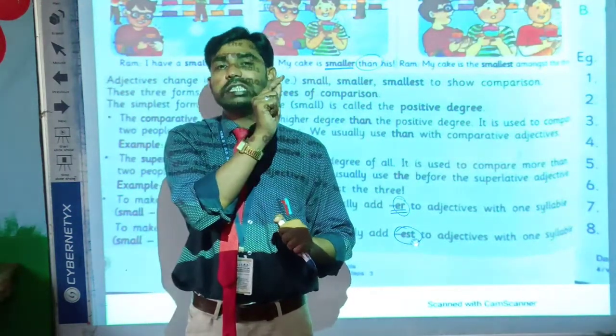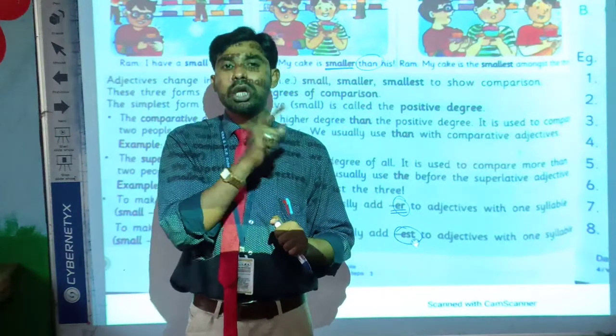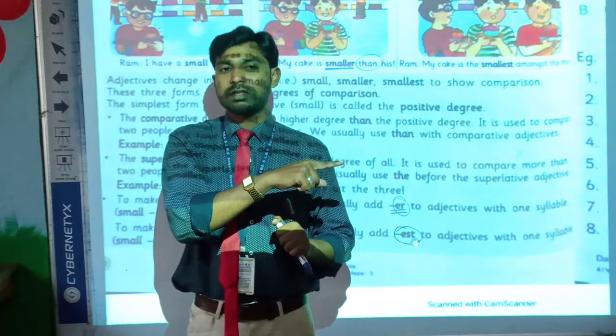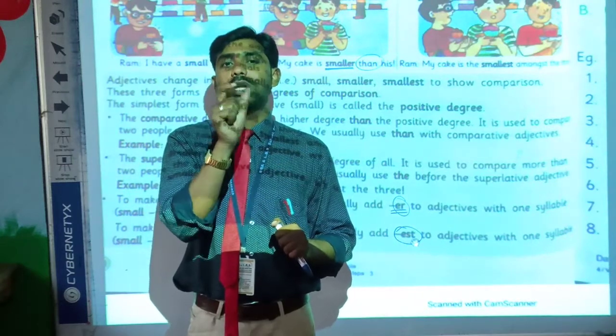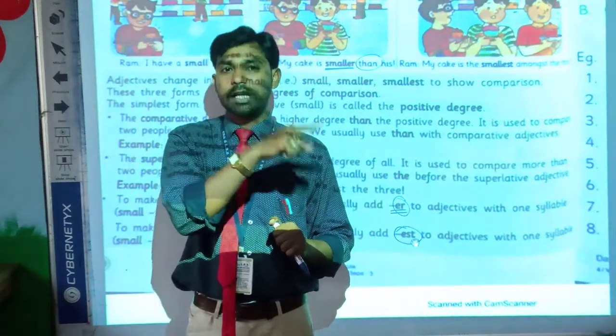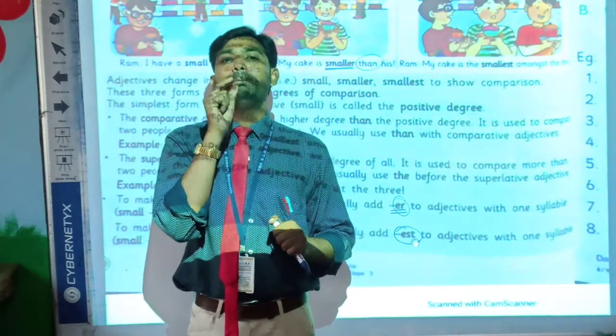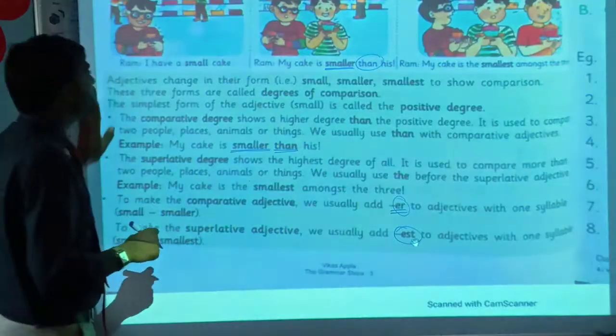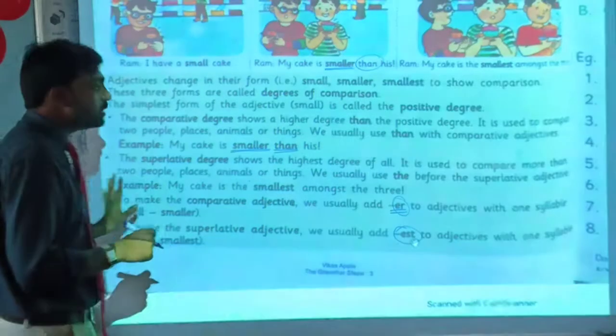We added est: smallest. Cold, one syllable, coldest. Understood? Hot, one syllable, hottest. Big, one syllable, biggest. Understood? So, dear students, this way we have explained all these degrees.